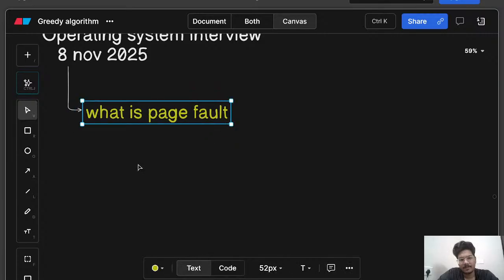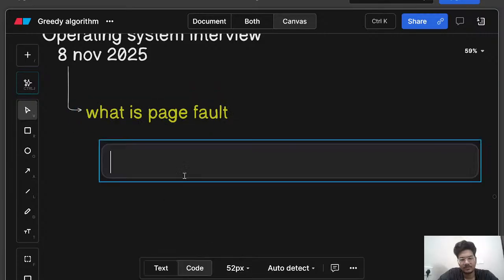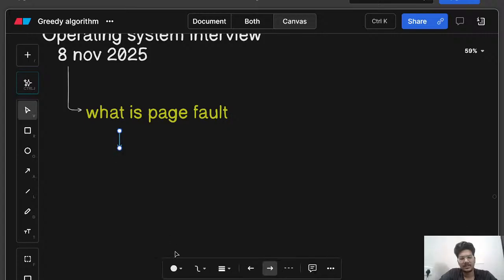A page fault occurs when a process tries to access a page that is not currently loaded in the main memory.